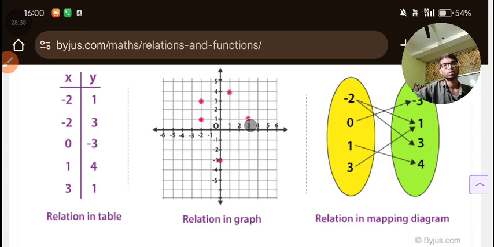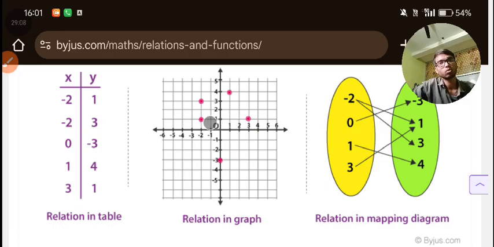Here, where is minus 2? This is minus 2, then 1, so minus 2 and 1, and then minus 2 again, then 0, then 1, then 3. Now where is 1?